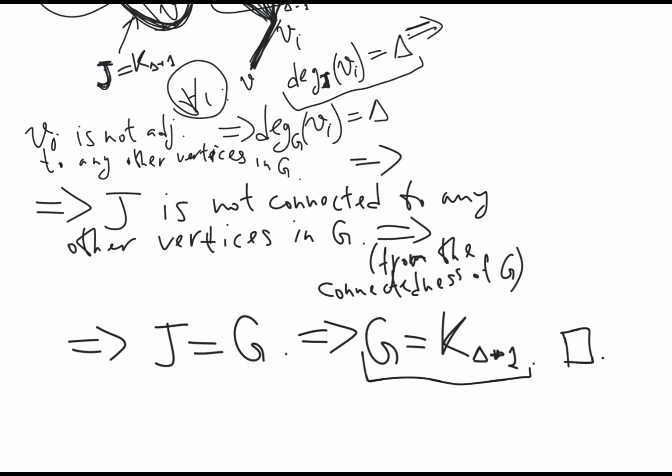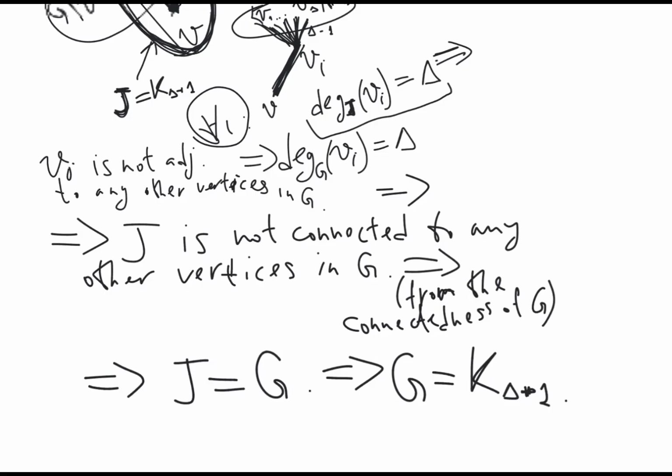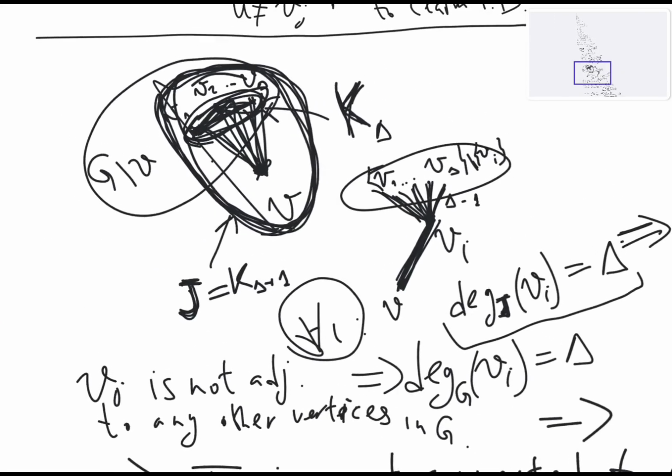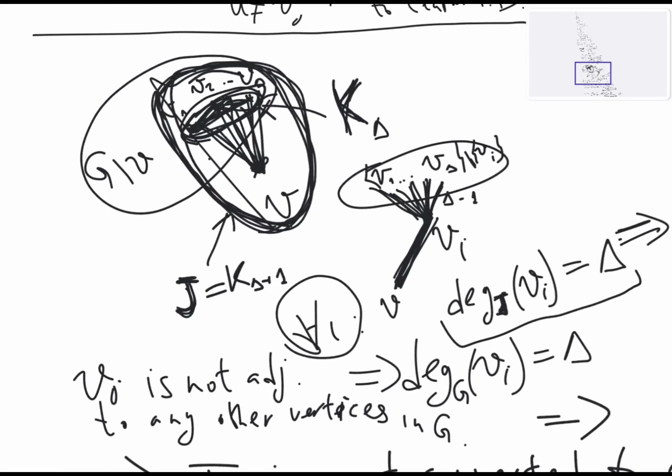Again, we didn't prove that any graph is a complete graph, because we proved it under the assumption that we could not extend the coloring from G minus V to V. So under this assumption that the coloring could not be extended from G minus V to V, the step of induction does not work.